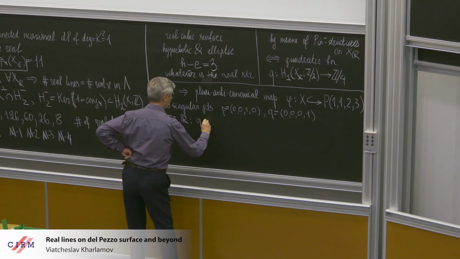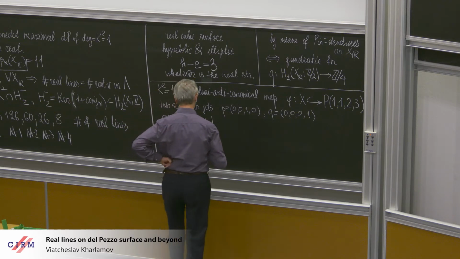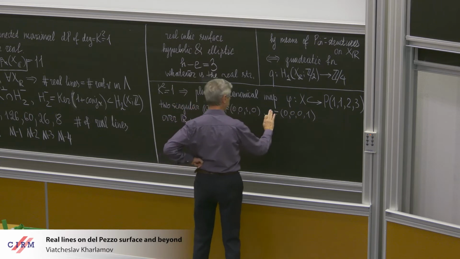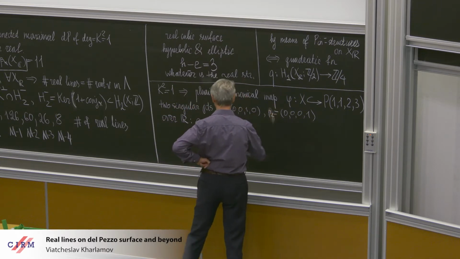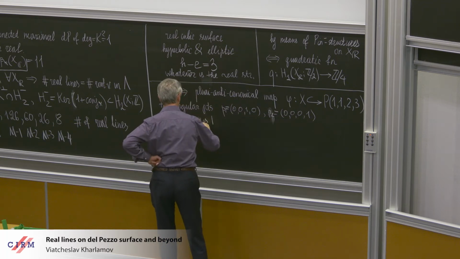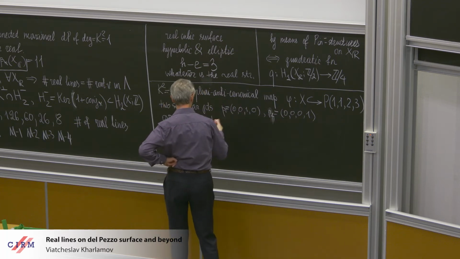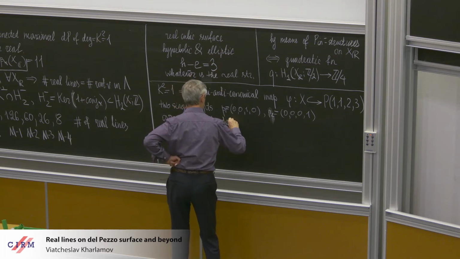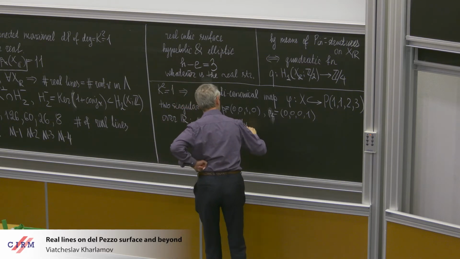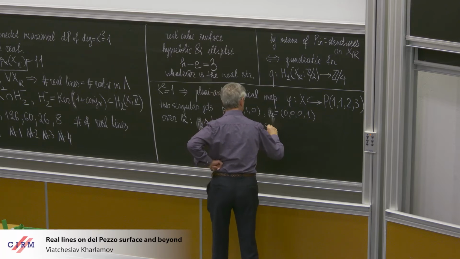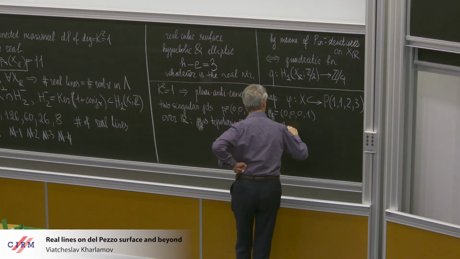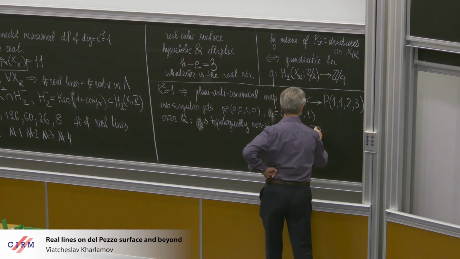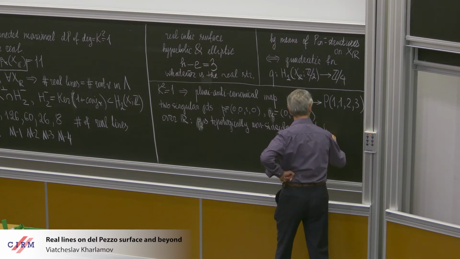So Q is, how to say? Q is beta notation, P1, P2. Is topologically non-singular. Anyway, XR doesn't pass through these points.